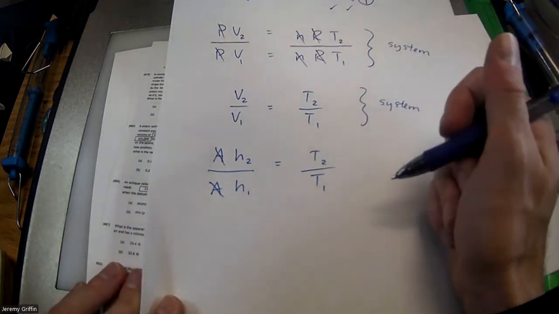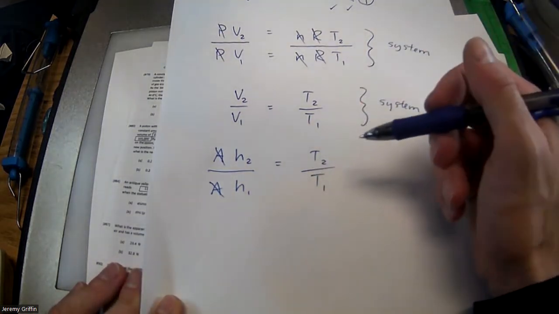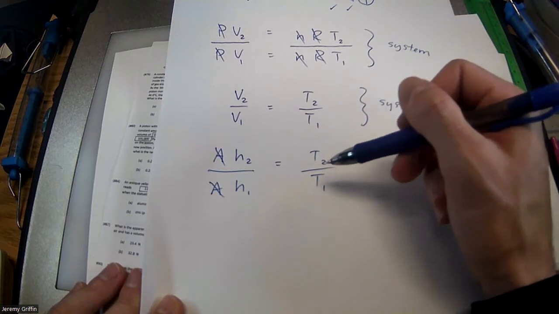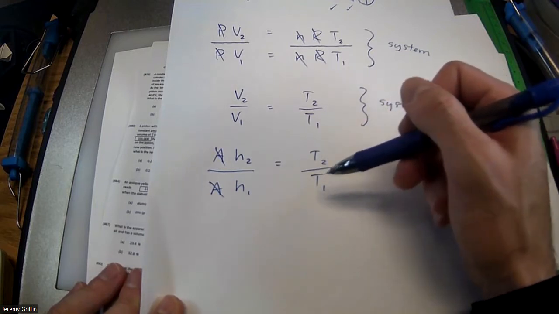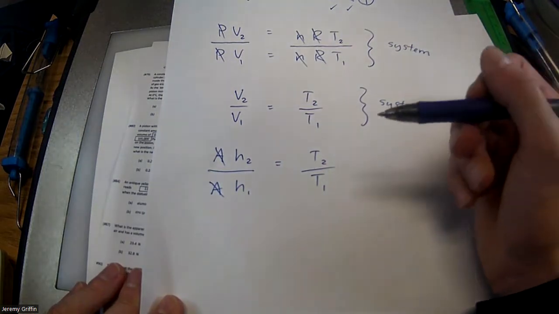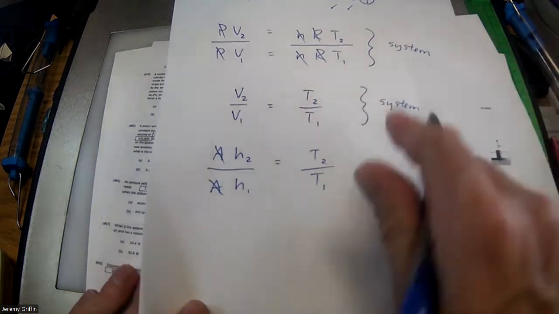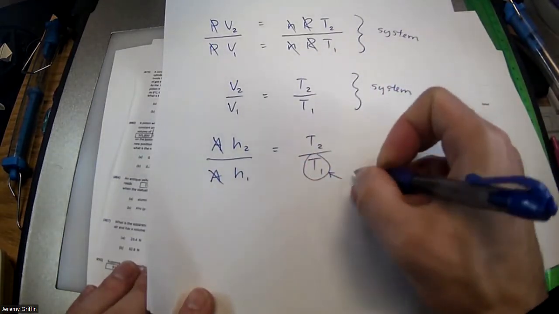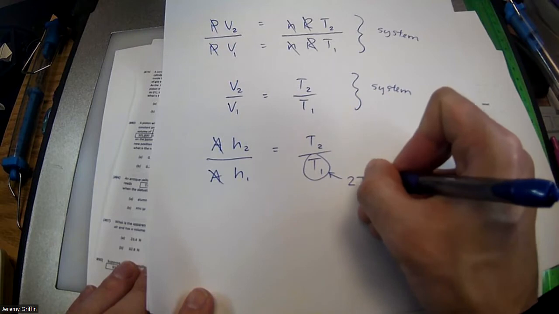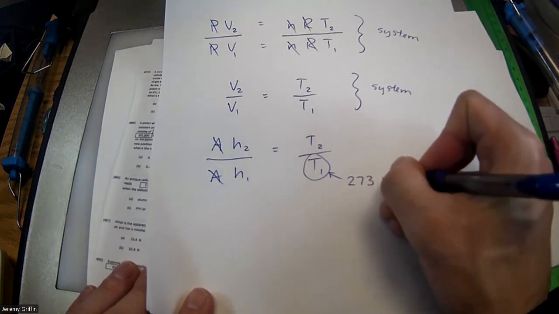See, if I'm taking a ratio of temperatures, here, let me give you guys a counterexample of why you would not want to plug in Celsius. If you go from 0 to 100 degrees, what is 100 divided by 0? Well, you can't calculate that. It's undefined. Right? Yeah, we need Kelvin. So temperature 1, I'm going to plug in 0 degrees Celsius, which is the same thing as 273 Kelvin. Right?